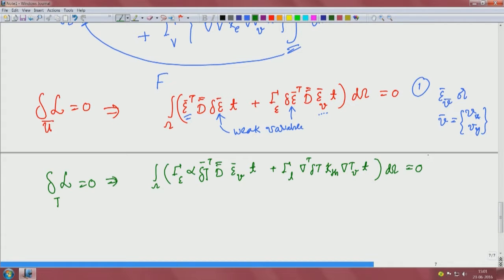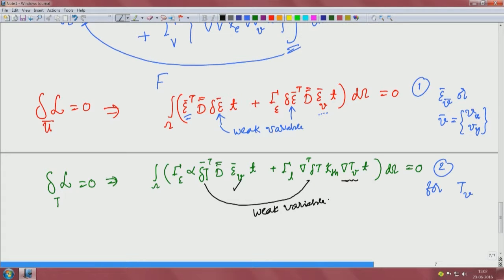After solving this, I can happily solve this equation for this T v, because after you find epsilon, then we would know the epsilon and temperature, we would know that epsilon v is also known, and this is the one that we want to find, del T v over here and over there. So, when I say we know this, what I actually mean is that T is known, but not delta T. So, this becomes the weak variable here. These are the weak variables.